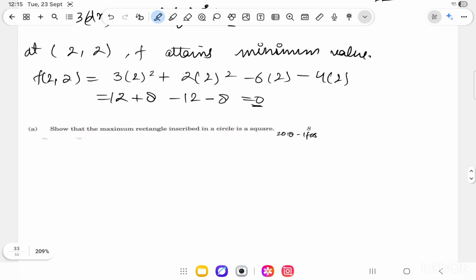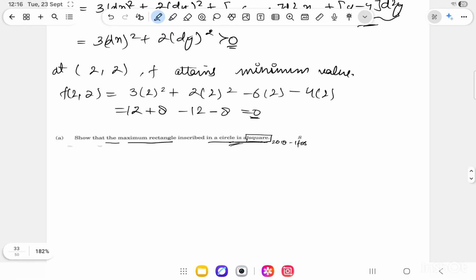So the next question says: show that the maximum rectangle inscribed in a circle is a square. If you observe, earlier they asked to show that the maximum rectangular solid that can be inscribed in a sphere is a cube. In this case they have just asked to show that it is a square. So this is basically a repeated question; that question is in 3D and here it is in 2D.